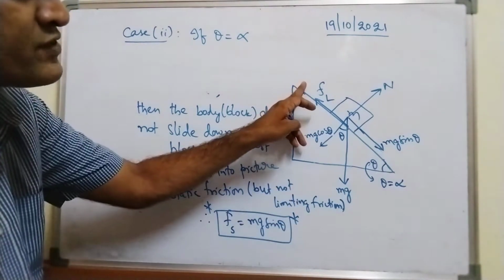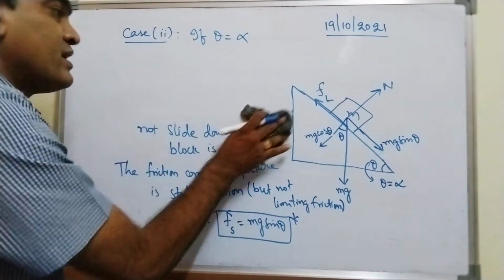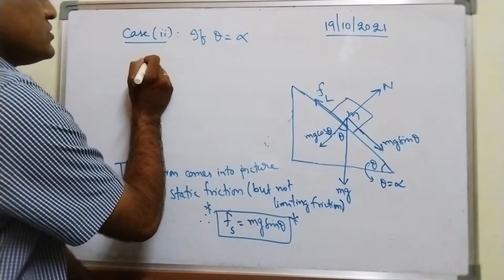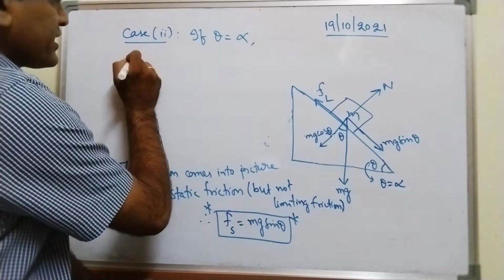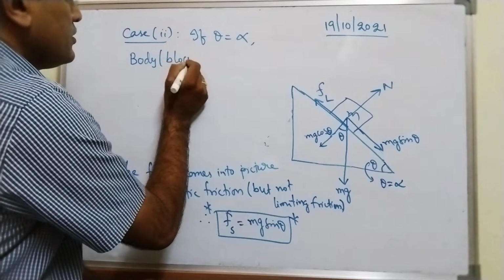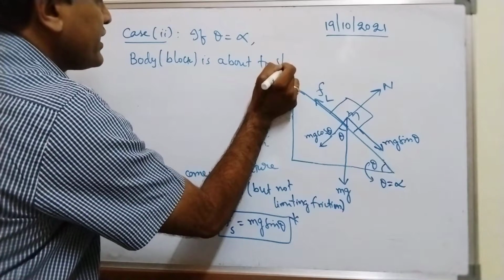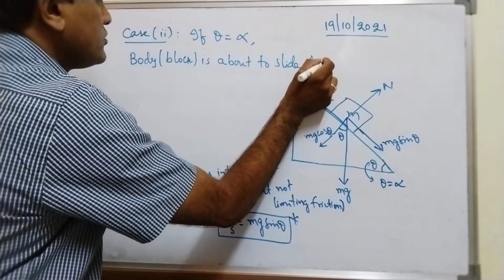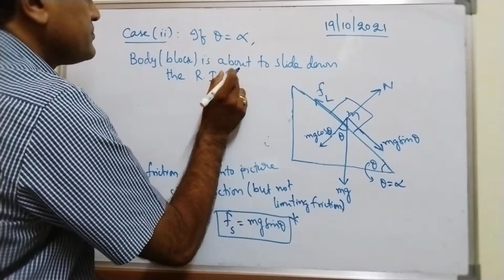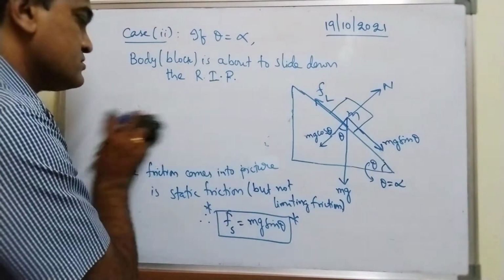Now this limiting frictional force is balanced by mg sin theta. So here the block is again at rest, about to slide down the rough inclined plane.